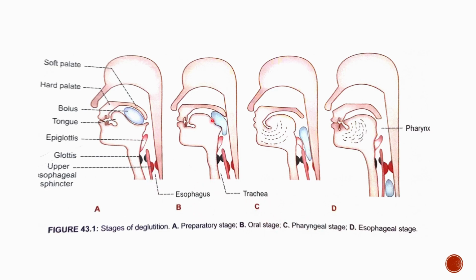This is the oral phase, from the oral cavity to the pharynx. Then this is the pharyngeal stage, from the pharynx to the esophagus, and then the esophageal stage, from the esophagus down to the stomach.